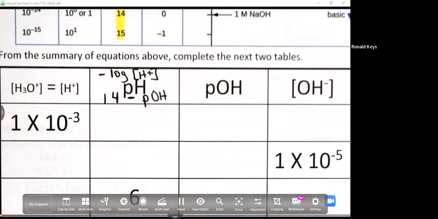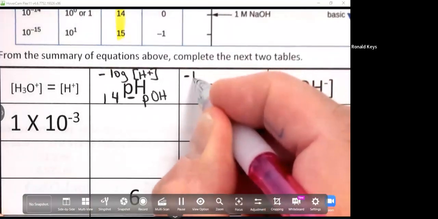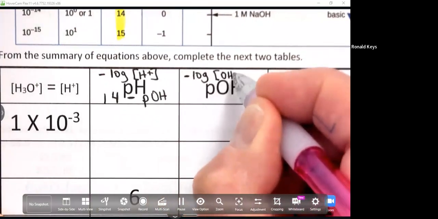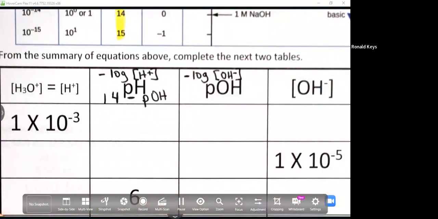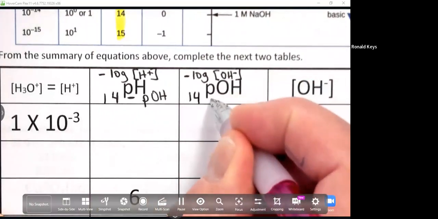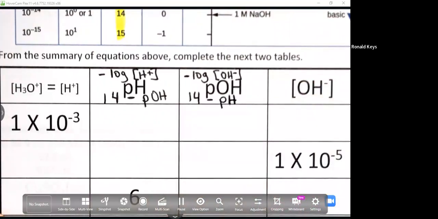Always two ways to get these. pOH should be the negative log of OH minus. Negative log of OH minus, or 14 minus the pH. Let's put that much in for now.